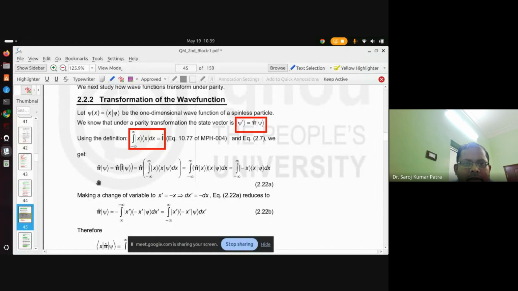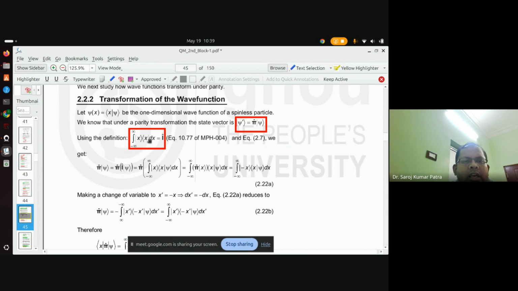If we look at the mathematics, Πψ, I can simply write Π times identity operating on ψ. That is fine because identity doesn't change anything. Clear? From here to here it is clear. Πψ, I can write Π times identity of ψ. Identity does not change ψ, so I can write Πψ.